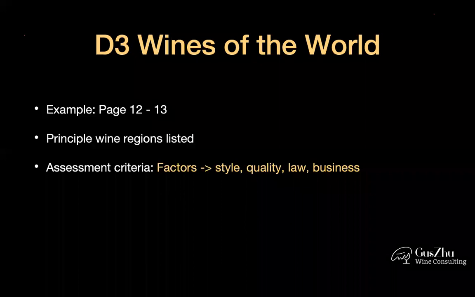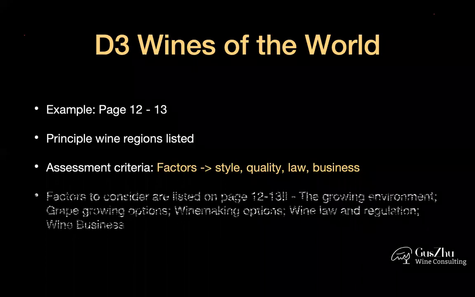What you need to do is use and think about those factors in the vineyard, in the winery, in the wine business, and think about how they influence the style and quality. Of course, again, I emphasize law and business over here because in Diploma, you really need to have more awareness of the global wine business and market, okay?